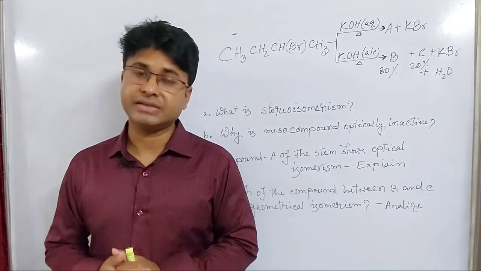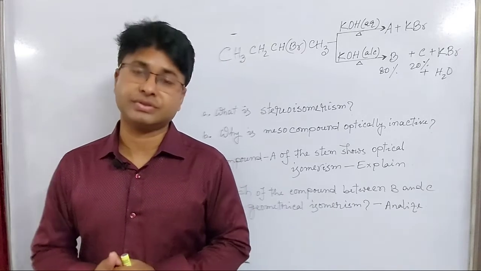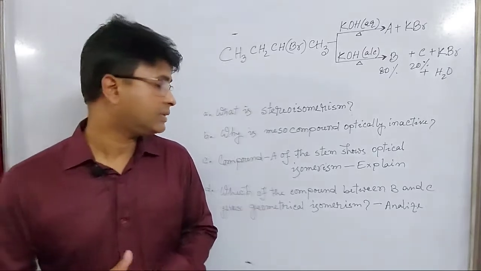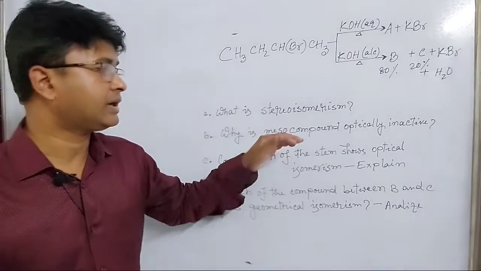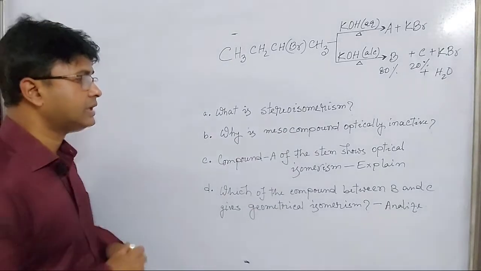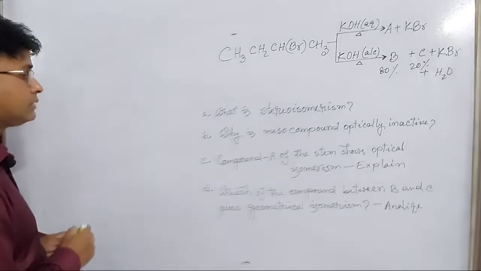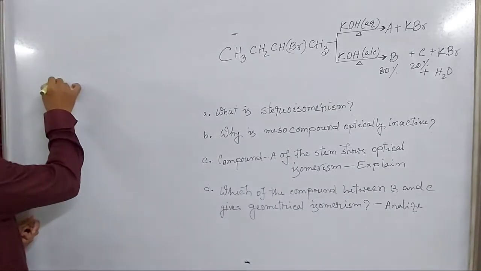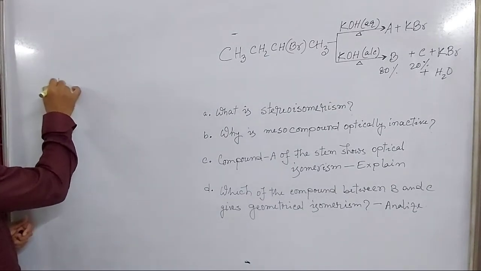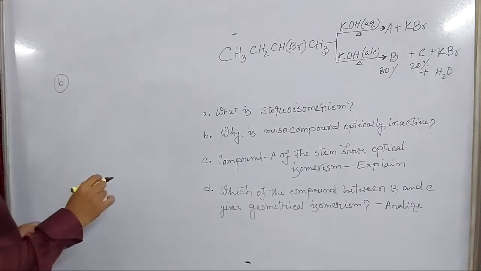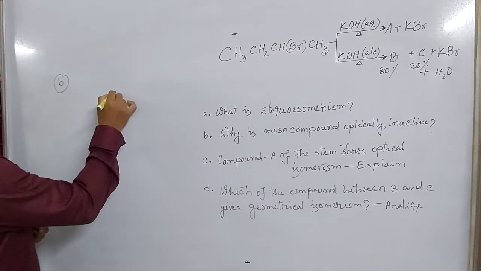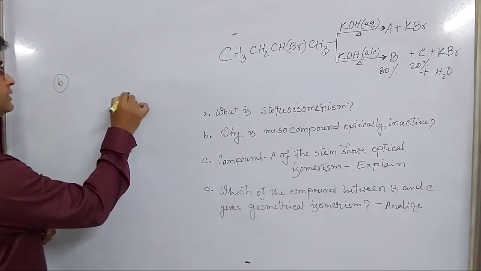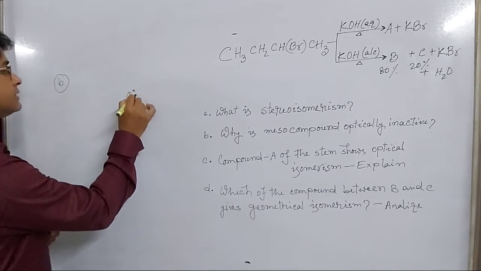Right rotatory isomerism, and another is left rotatory isomerism. And there is one kind of organic compound which is optically inactive despite it contains chiral carbon.